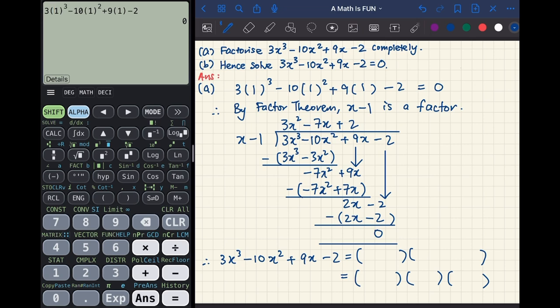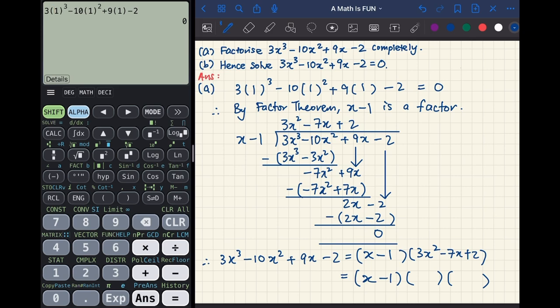So we can conclude that 3x cubed minus 10x squared plus 9x minus 2 can be factorized into x minus 1, which is the linear factor we found earlier, and the quadratic quotient 3x squared minus 7x plus 2.